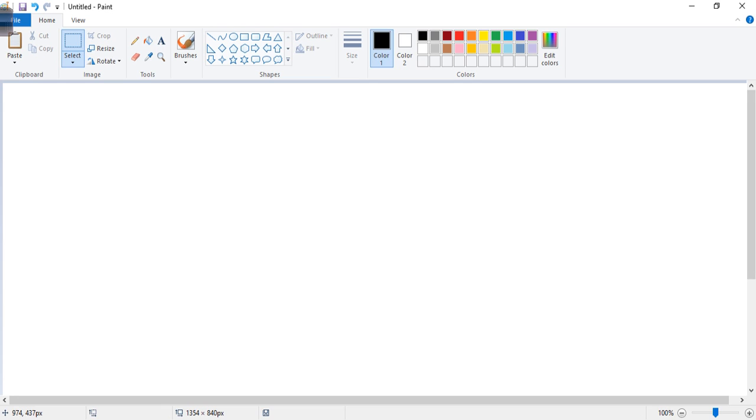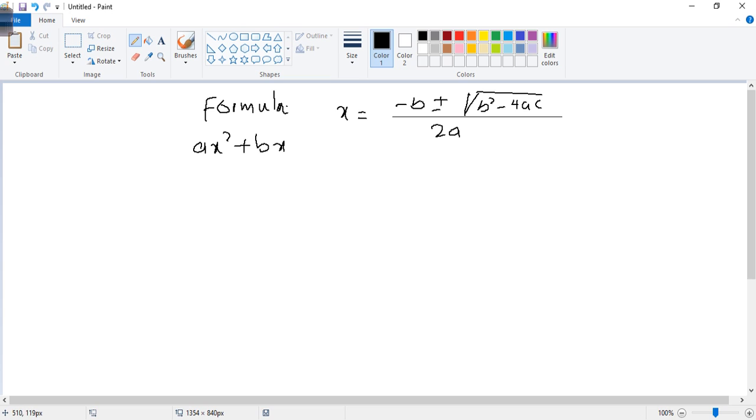We can work it out like this: x equals minus b plus or minus the square root of b squared minus 4ac, divided by 2a, where the equation is ax squared plus bx plus c equals 0. So that is the way we work out the equation.